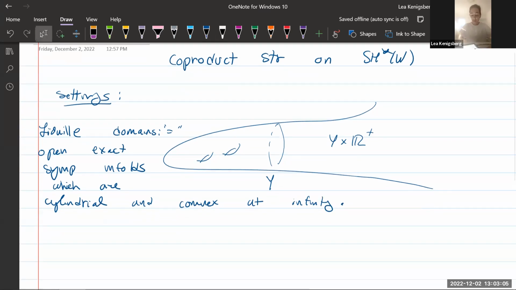And the primary examples being cotangent bundles, so cotangent bundles of smooth manifolds.